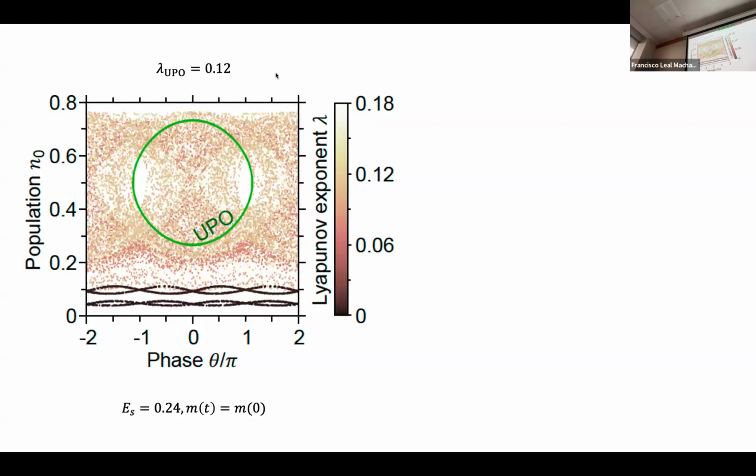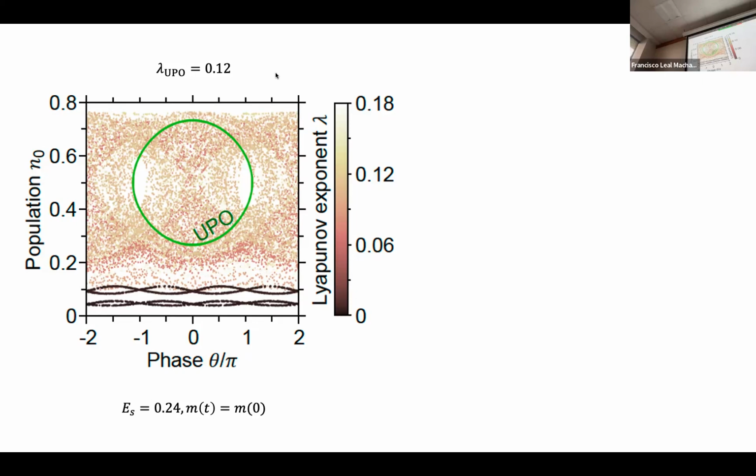Specifically, it means we're choosing a plane, the n0 theta plane, and at the same time taking the magnetization density to be equal to its initial value. So it's a specific Poincare section, which helps us to see where the chaotic phase space is in this mixed phase space. I can say that it is the projection of the trajectories on the specific plane that we take.